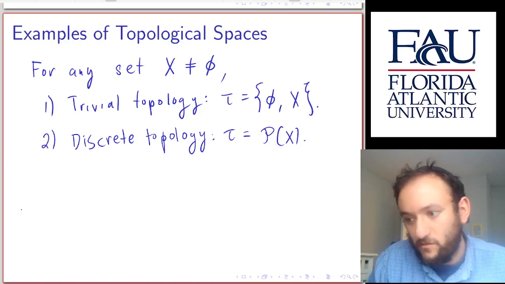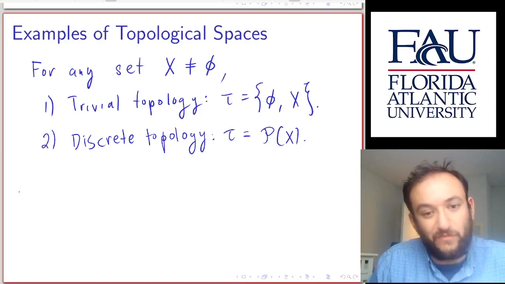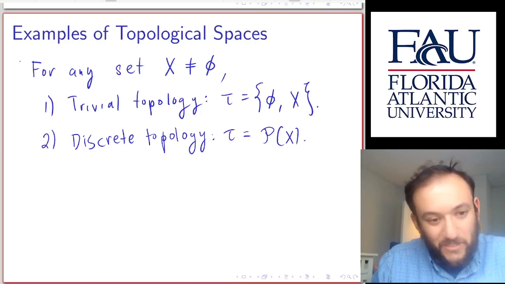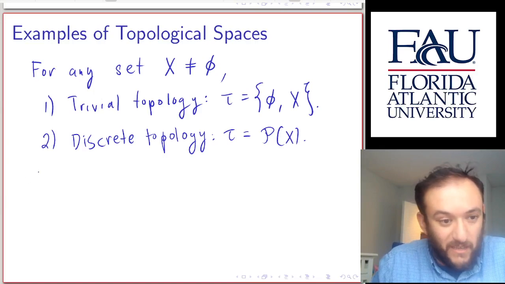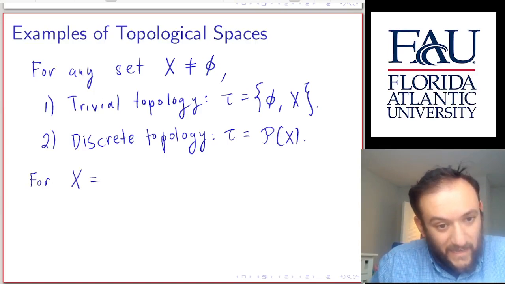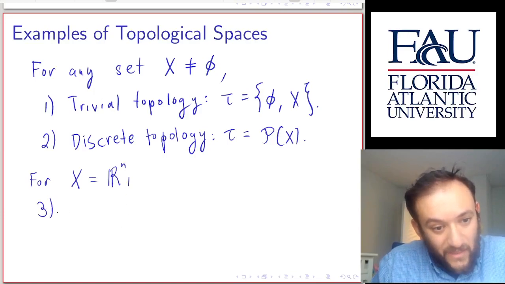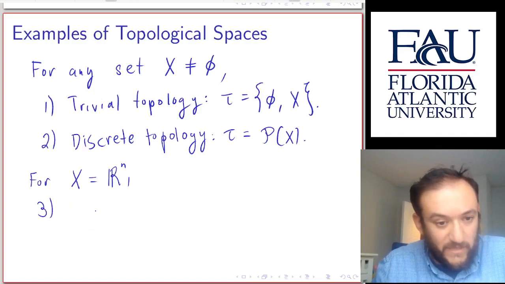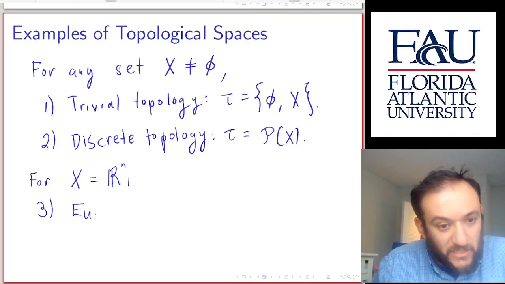Slightly more intuitive, if more difficult to define, is the metric topology. For X equal to R^n, we have the metric topology, also known as the Euclidean topology or the classical topology.